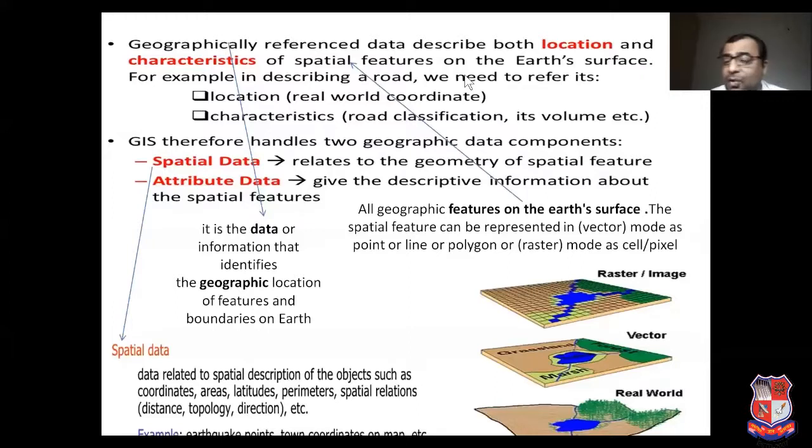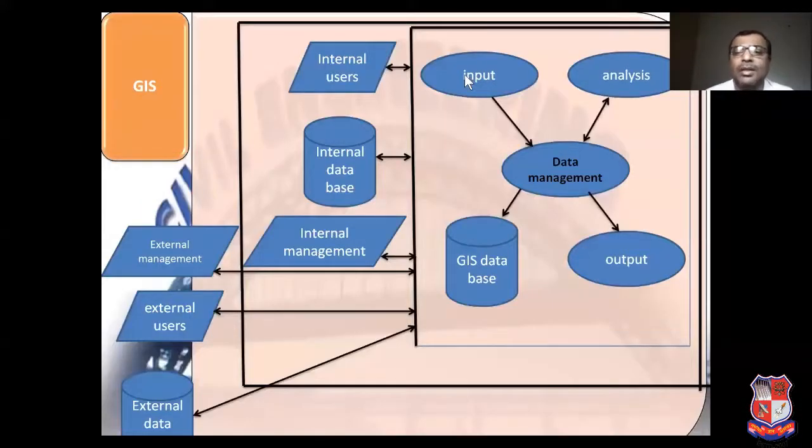Then the second figure, located above the real world, indicates the vector representation of the data, which is in point, line or polygon. And the topmost figure is the raster format of the real world situation, which is in pixels. Now this diagram indicates the basic structure of the GIS.